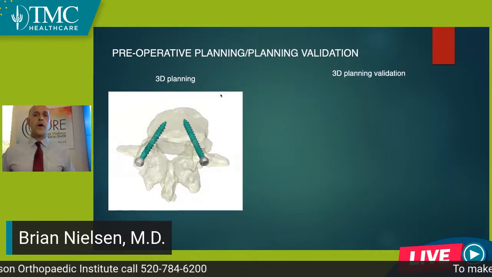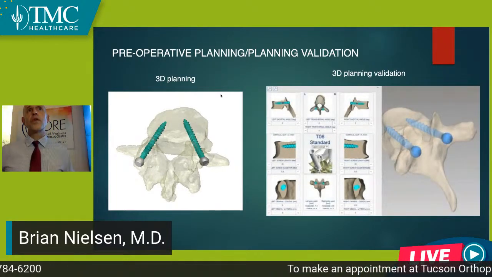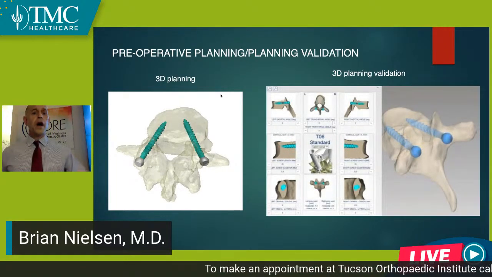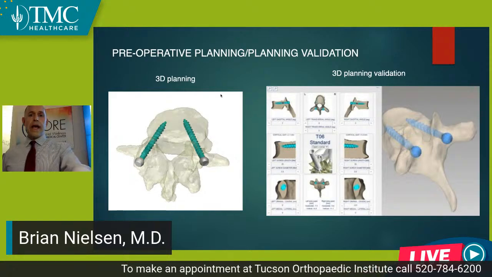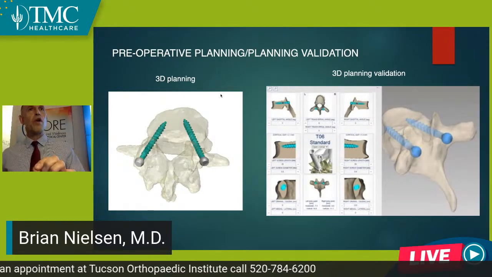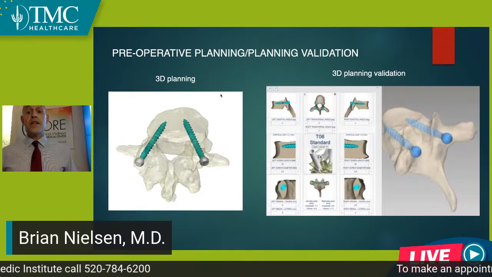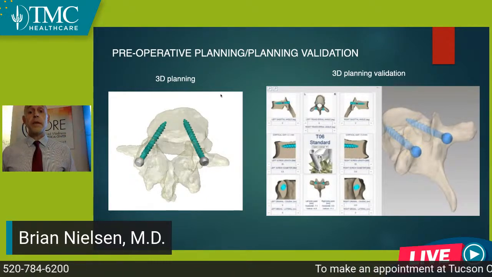So this is what I see on my computer when I'm planning for surgery. I'll have this spine and the models, and I can click on those screws and move them exactly where I want and find exactly the right size and position. And there are some advantages about that I'll talk about in a minute.